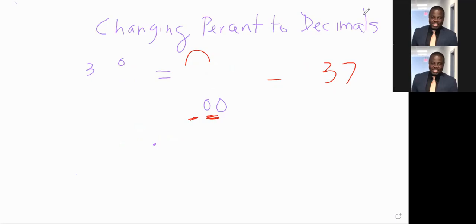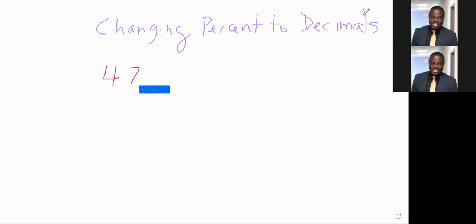So let's say that I'm trying to change 47.52% to a decimal. I'm going to write this as a fraction, 47.52 over 100.